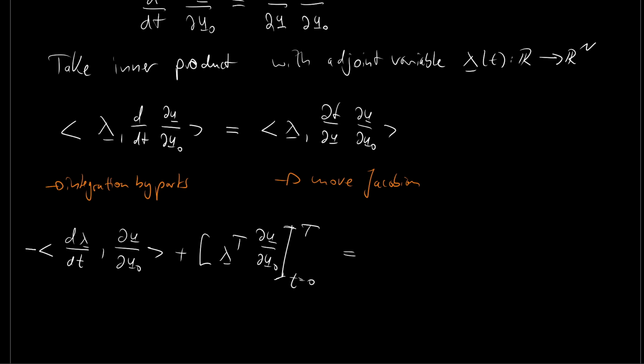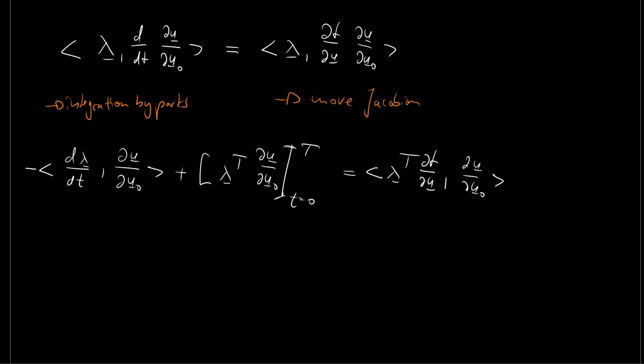And on the right-hand side, we can easily move the Jacobian over. So we will get lambda transpose df by du in an inner product with du by du0. And as before, let us take a look at the limit evaluation. The limit evaluation is whatever is inside the brackets, evaluated at the upper limit minus evaluated at the lower limit.